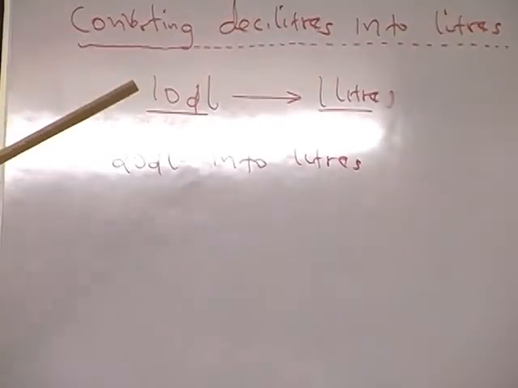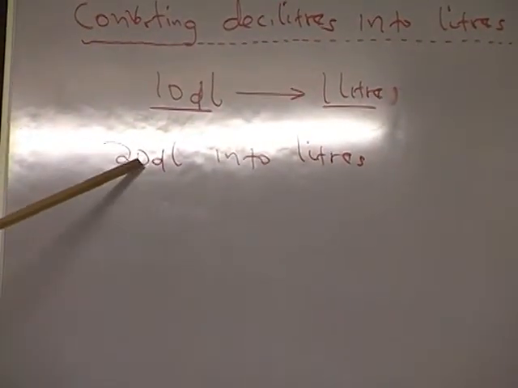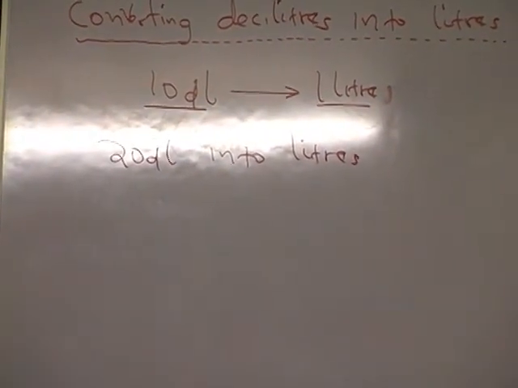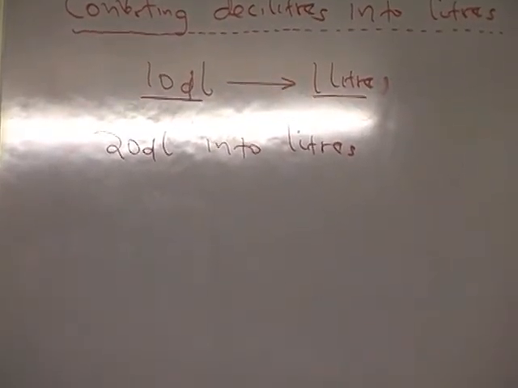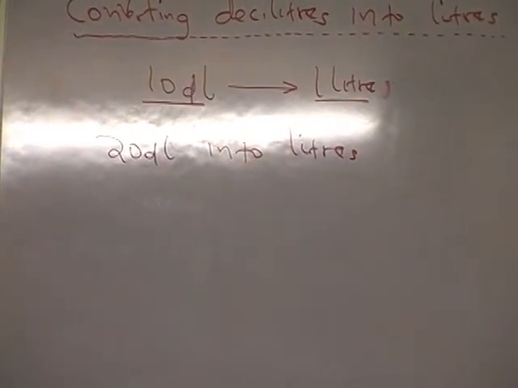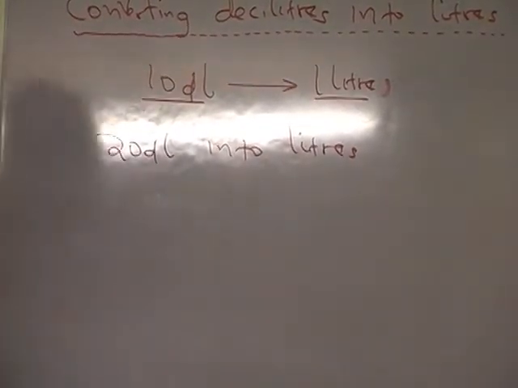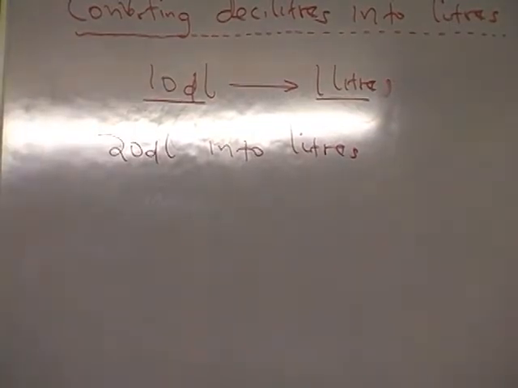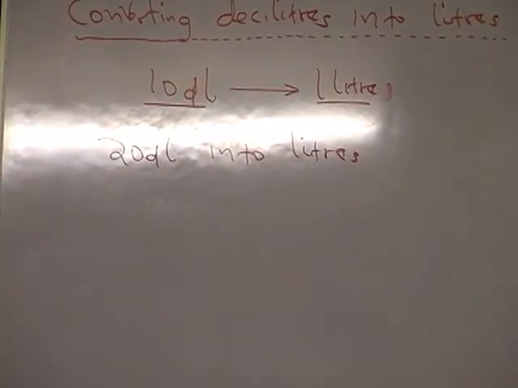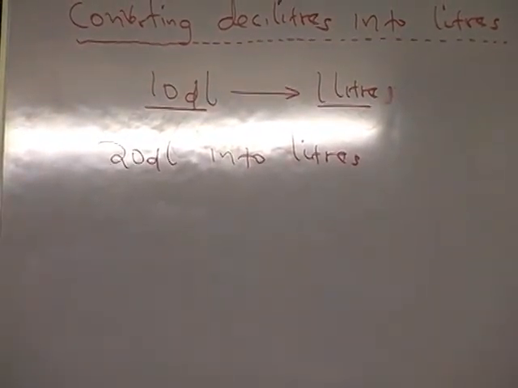For us to be able to convert or change 20 deciliters into liters, step one, you need to write the formula that relates the two units. As you've seen when one of us was counting, how many times will 1 liter be filled by 1 deciliter.